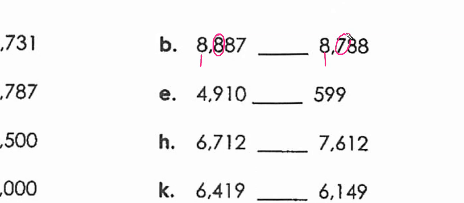Is 8 less than 7? Is 8 greater than 7? Or is 8 equal to 7? That's right. In this case, 8 is actually greater than 7. So 8,887 is greater than 8,788. Let's do a couple more.